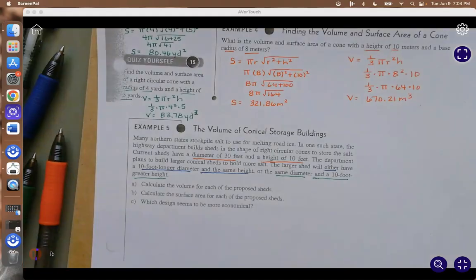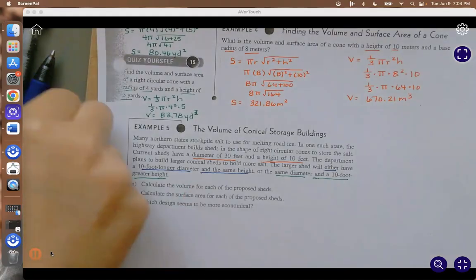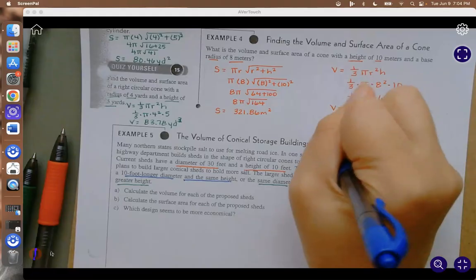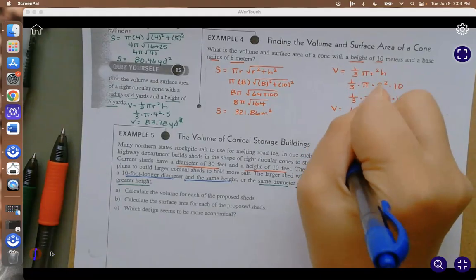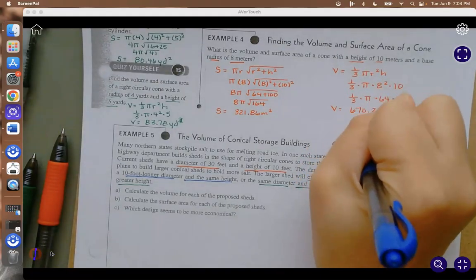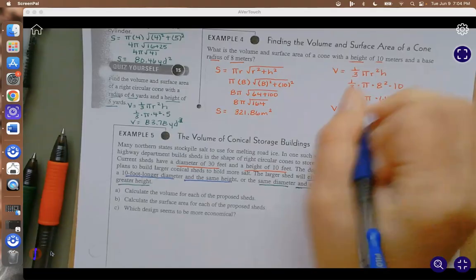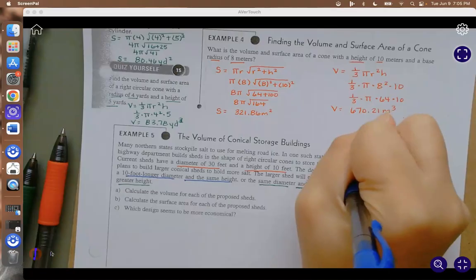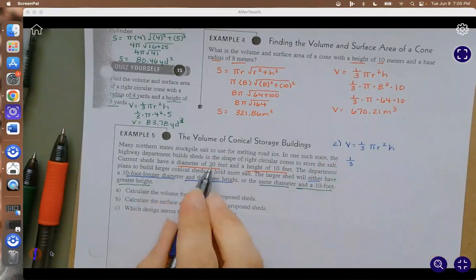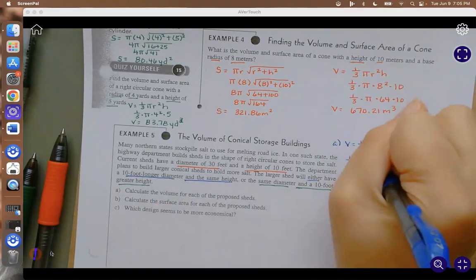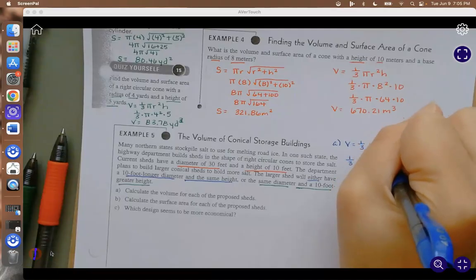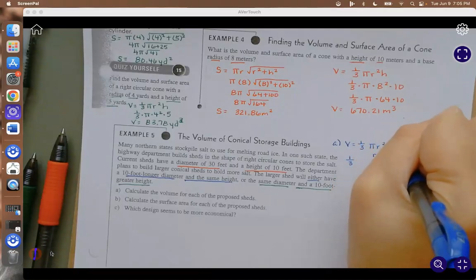All right, so let's do the blue first. So volume is 1/3 pi r squared h. So if it's a 10-foot longer diameter, that's 40 feet. So the radius would be 20 and the height would be 10.